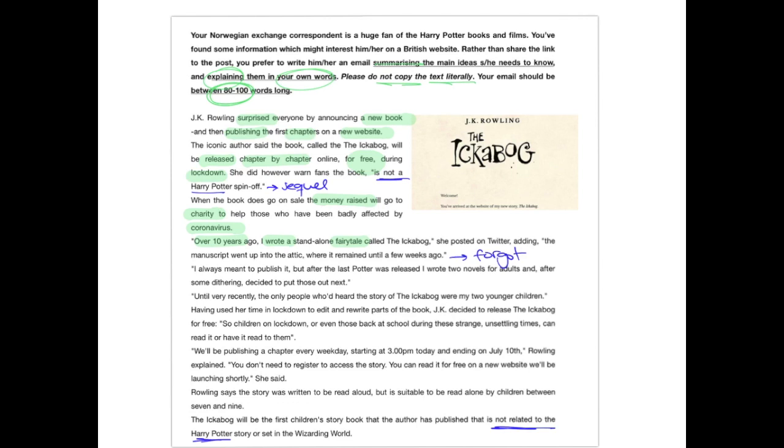She wrote it more than 10 years ago, but then she had forgotten about it. And then important information. Until very recently, the only people who'd heard it were my two younger children. So only her children knew about it.